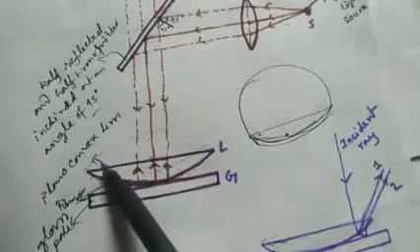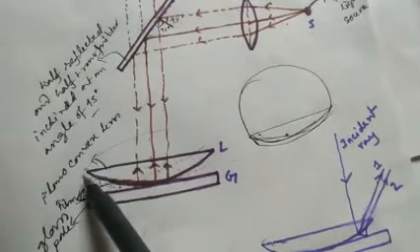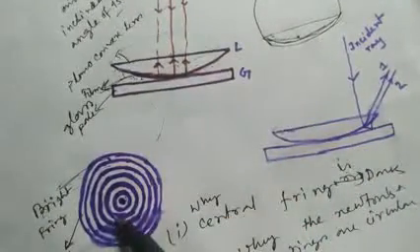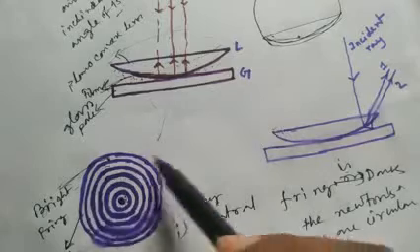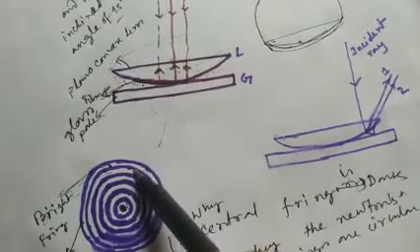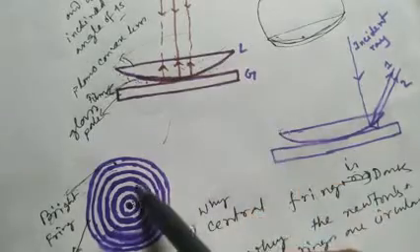The plano-convex lens has a large radius of curvature because we observe a large number of Newton's rings with large separation between them.